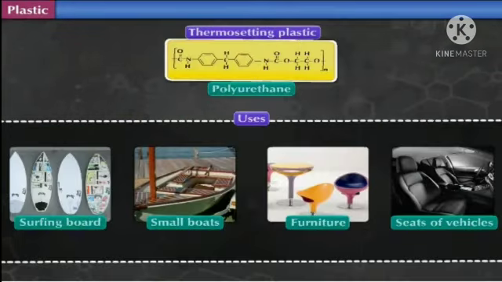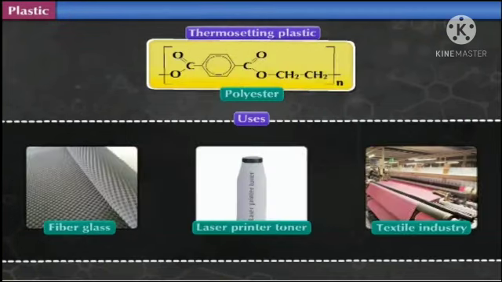And the next type is polyurethane, and the examples are surfing boards, small boats, furniture, seats in vehicles, etc. And the next type is polyester. It is used in the manufacturing of fiberglass, toners of laser printers, textile industries, etc.